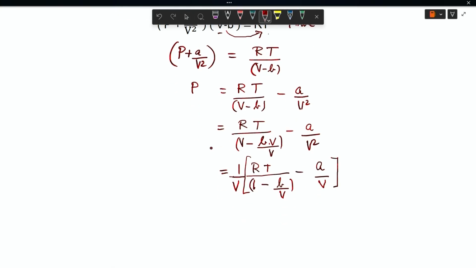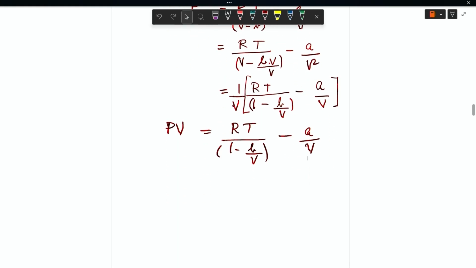Now, this V is taken to the left hand side, it becomes PV = RT/(1 − b/V) − a/V.